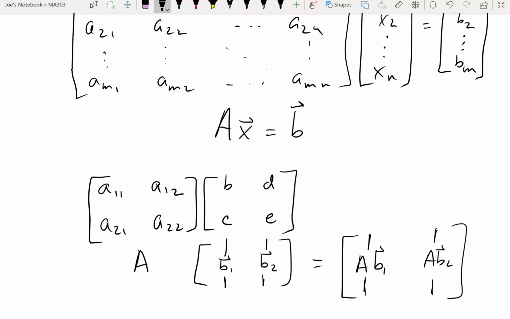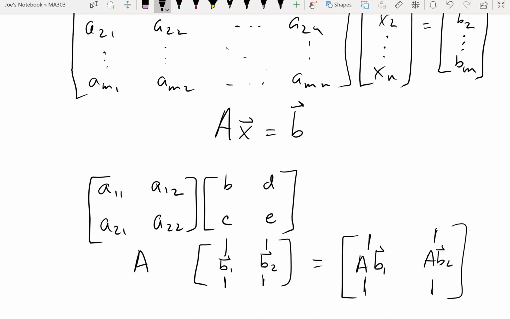It doesn't have to stop at 2 columns, right? But I can think of this matrix multiplication in this fashion. That I can take the whole matrix multiplied by the first column. I can take the whole matrix multiplied by the second column, and so on down the line. Now, you may not see why I care about this right now, but we will come back to this idea.